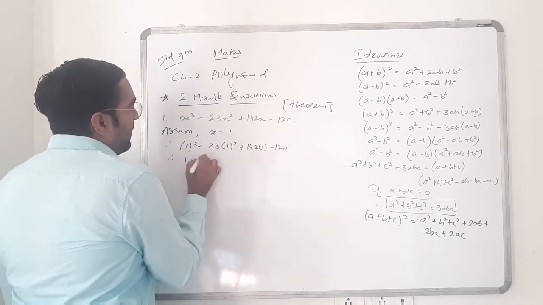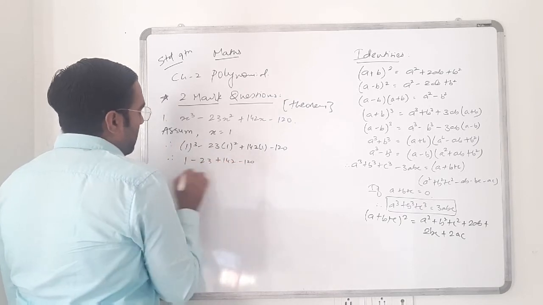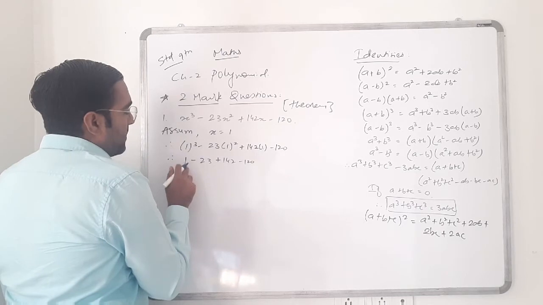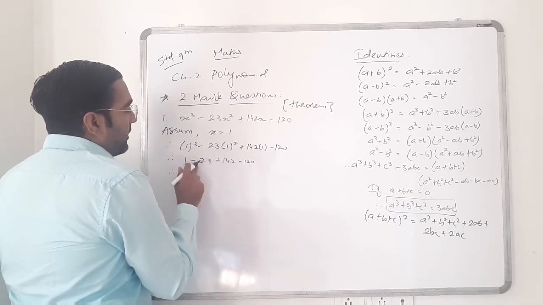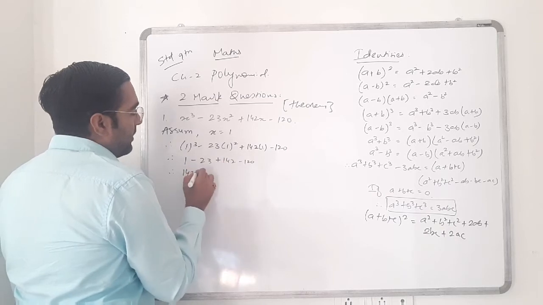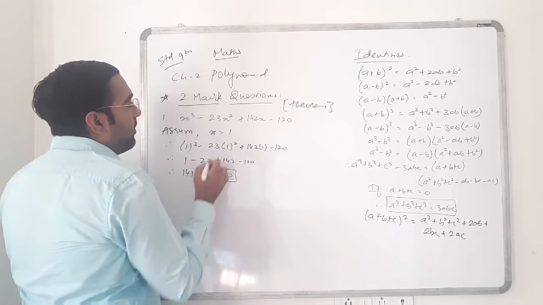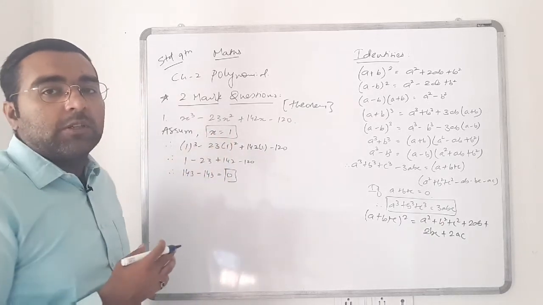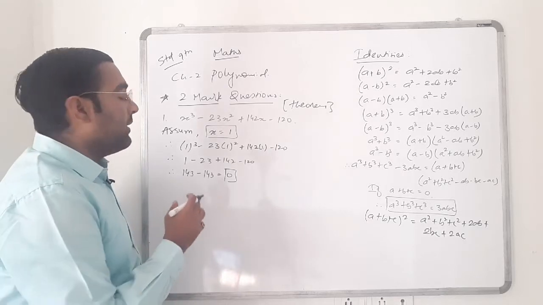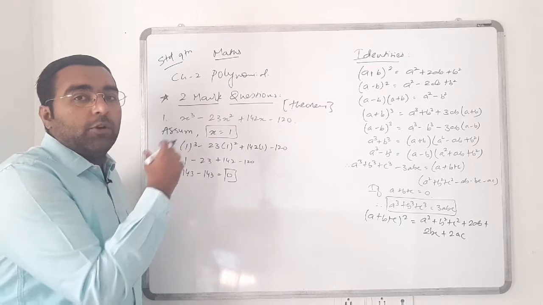So therefore 1 minus 23 plus 142 minus 120. So 142 plus 1 is 143, and minus 120 minus 23 is minus 143, that is equal to 0. Now when I take the value of x equal to 1, my remainder comes equal to 0, so it will be a zero of the polynomial.